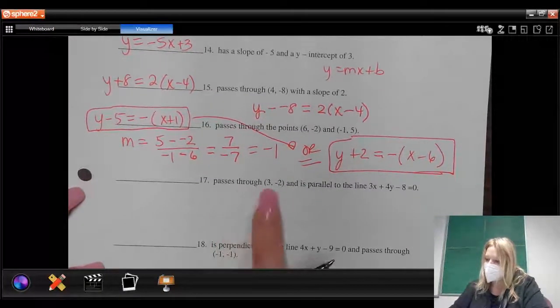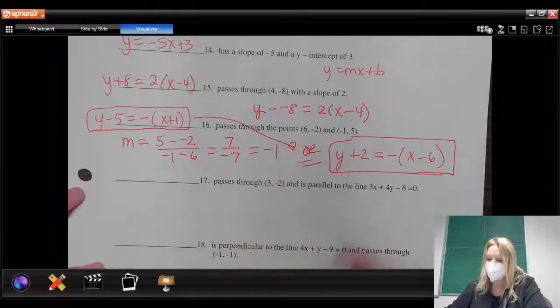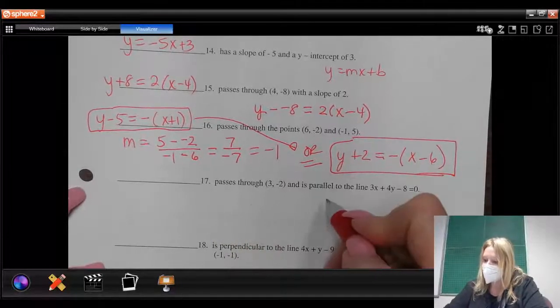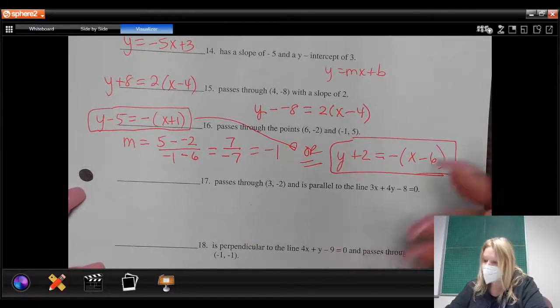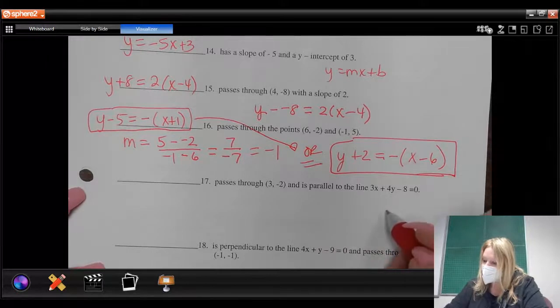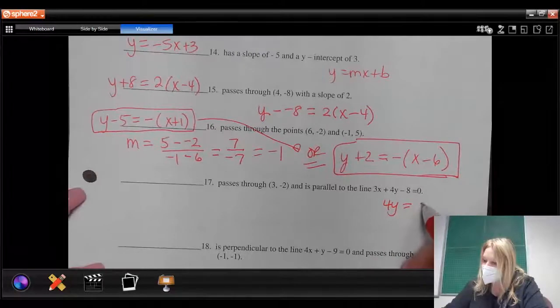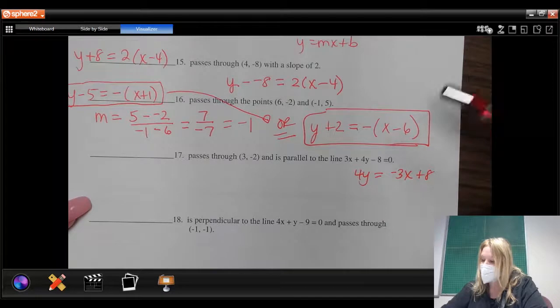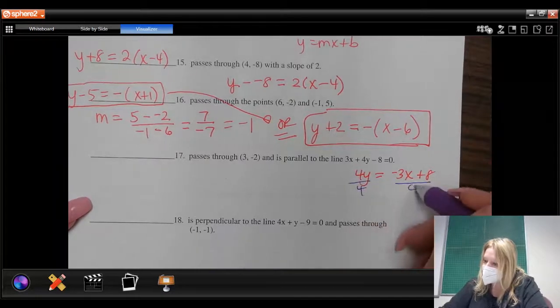All right, passes through this point parallel to this line. Parallel to this line means I need to know the slope of this line. So let's see. 4y equals, I'm going to bring this over, divide by 4.